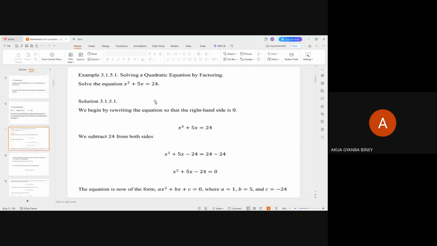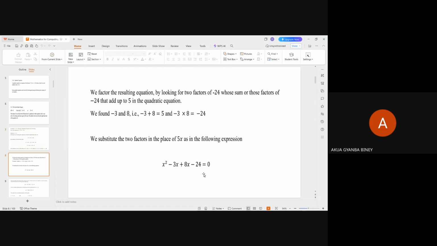So if I should go back, you are looking for two numbers that, when you add them, you get your B, and when you multiply them, you get the C. For this example, we have minus 3 and 8.